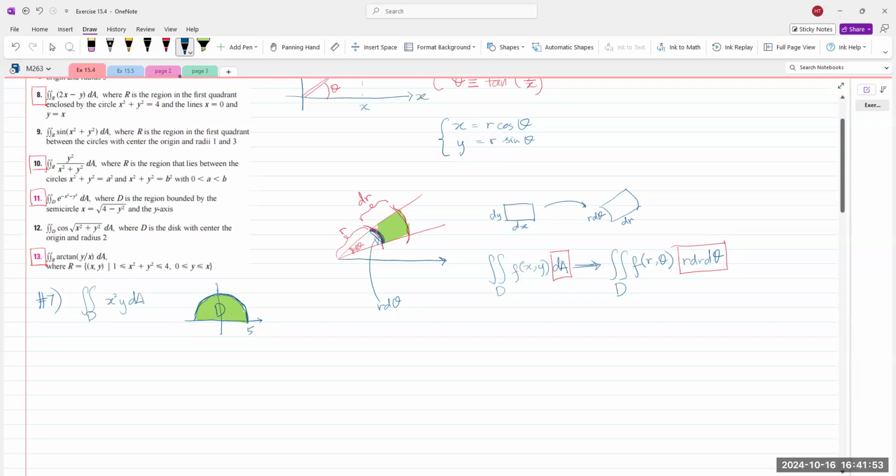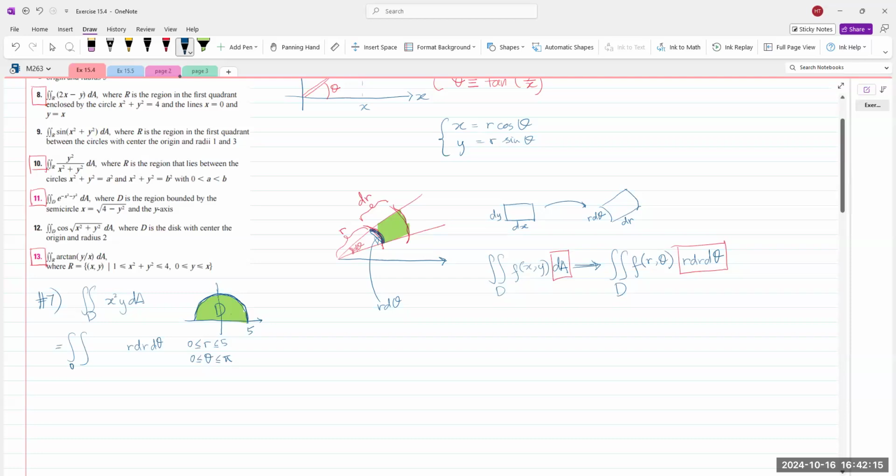So we can see here that the radius is from 0 to 5, and the angle theta is from 0 to pi. Then we do the transformation here: integral, r, d theta.